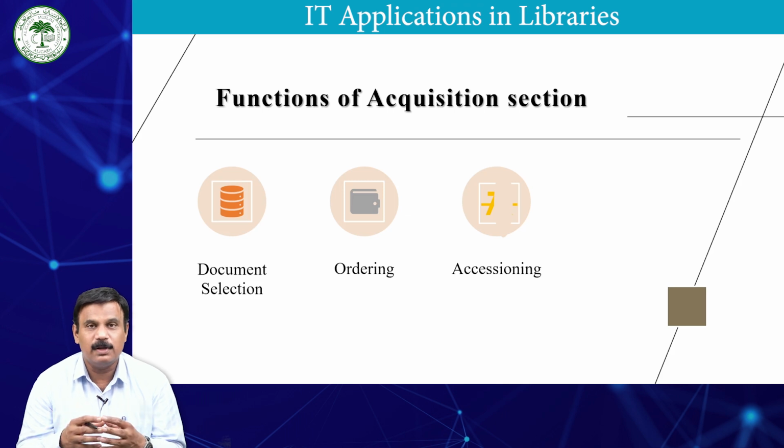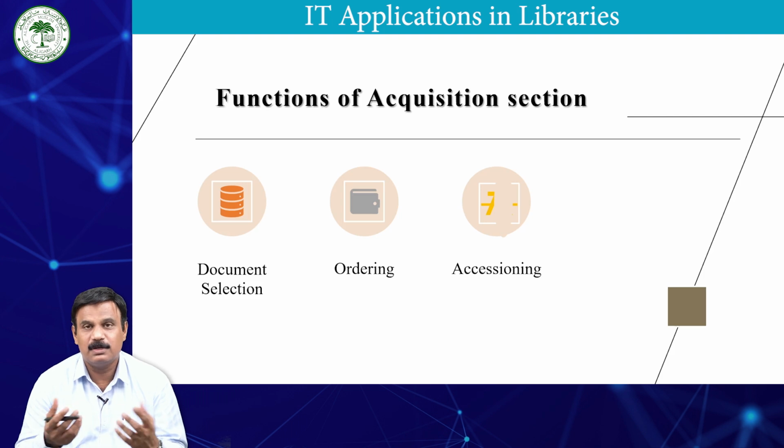The next function is ordering. Once you have selected the books or documents for purchasing, you have to send the order through vendors. That ordering you can now do using such a module. We will have the list of vendors.